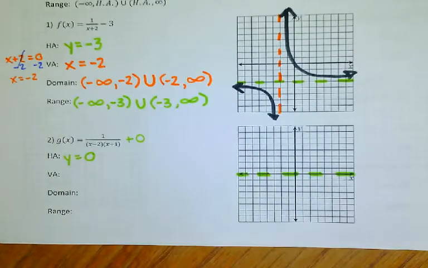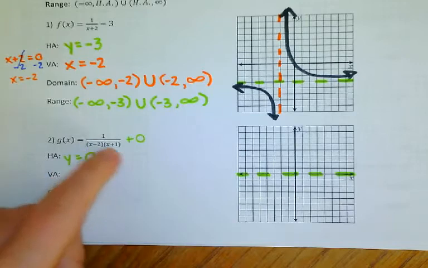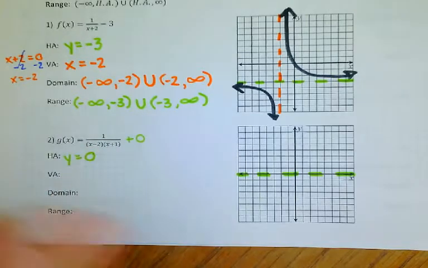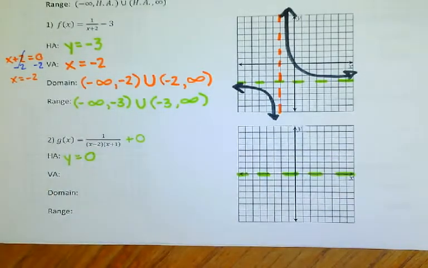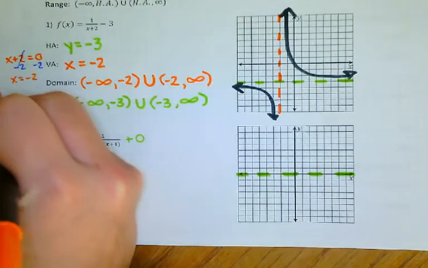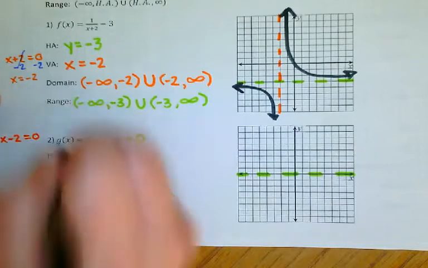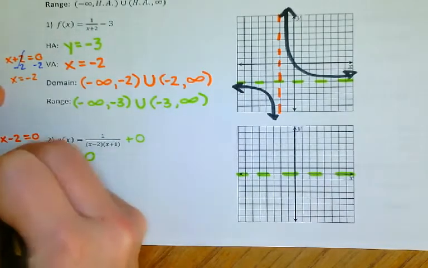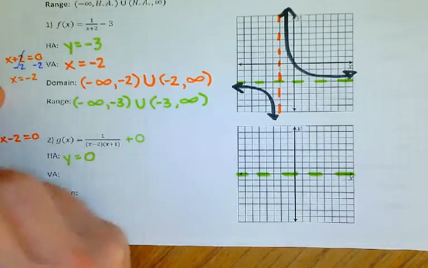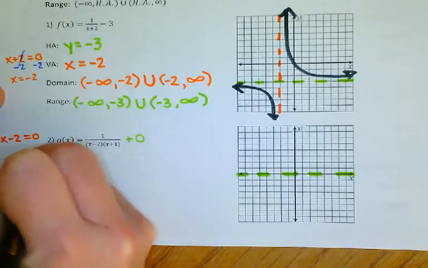Okay, so for our vertical asymptote, this time we have two sets of parentheses. We have two things in our denominator. So we're going to have to set the denominator equal to 0 for both sets of these parentheses. So I've got x minus 2 equals 0, and I have x plus 1 equals 0.